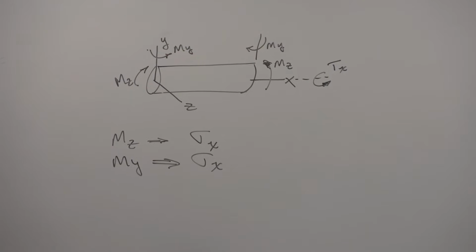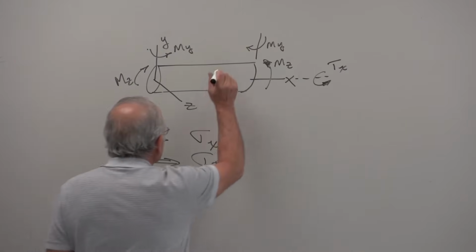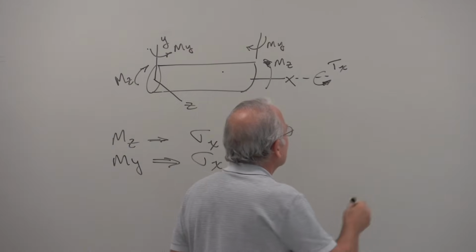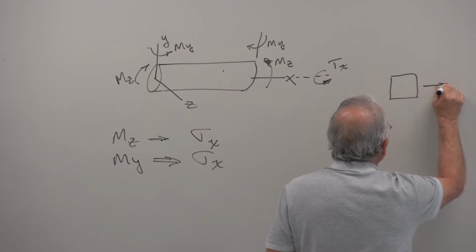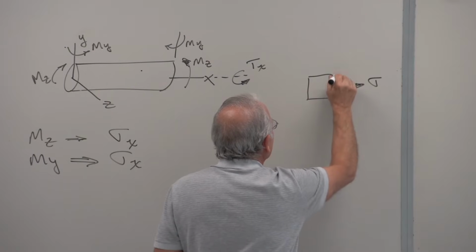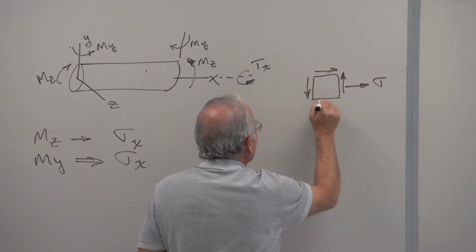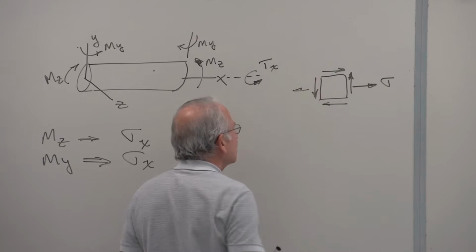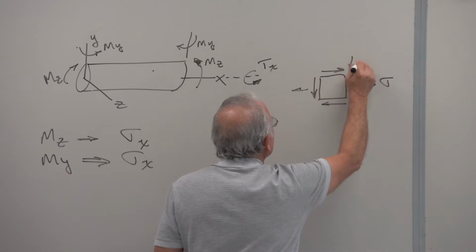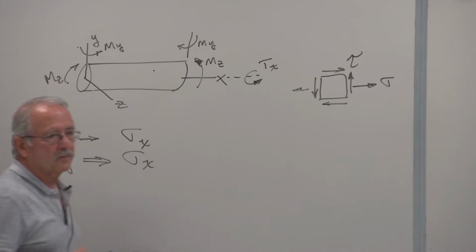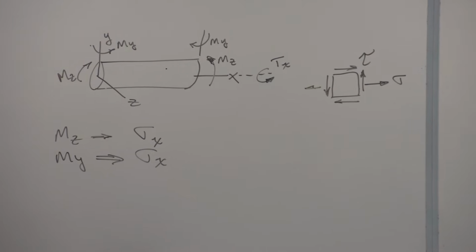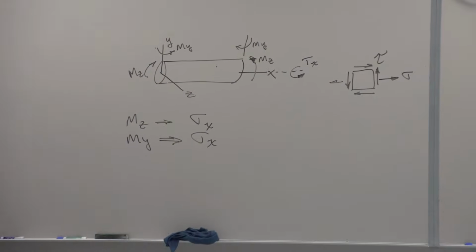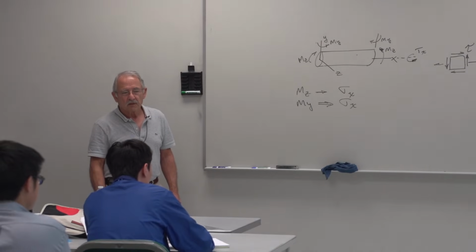So if I pick any point on the surface of the shaft or any other part of the shaft, doesn't have to be on the surface, I will be confronted with this: one normal stress, one shear stress, regardless of the applied loads. Any questions?